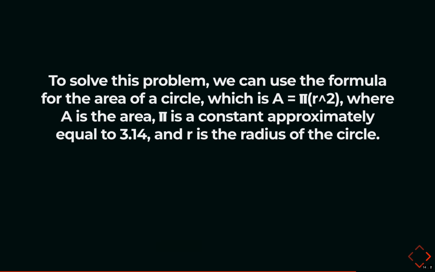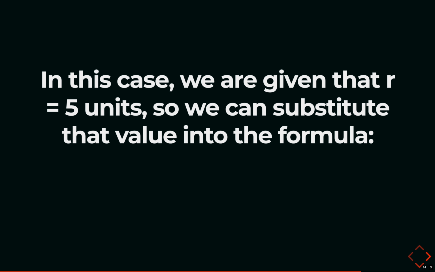To solve this problem, we can use the formula for the area of a circle, which is A equals pi times radius squared, where A is the area, pi is a constant approximately equal to 3.14, and r is the radius of the circle. There's our formula. In this case, we are given that r equals 5 units, so we can substitute that value into the formula.